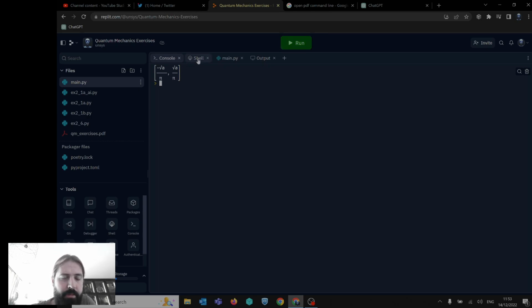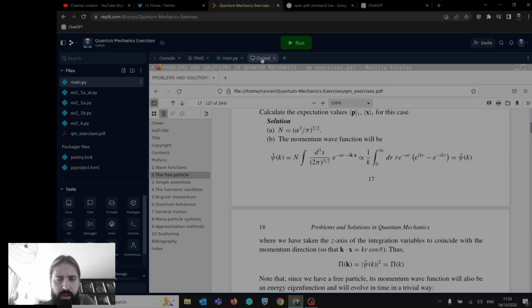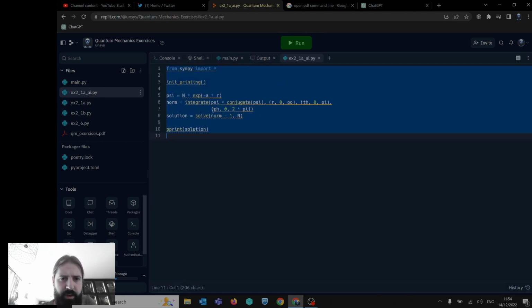Okay. The solution though is the square root of alpha and pi. It's definitely giving me a different solution, right? I don't know if that's exactly what I was getting in here.